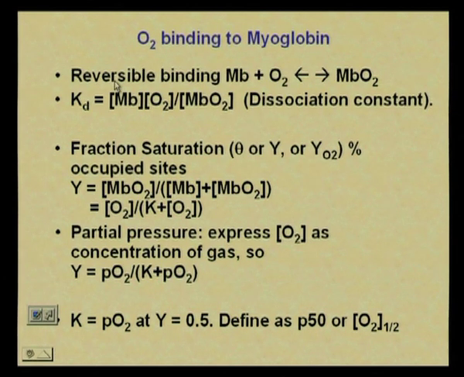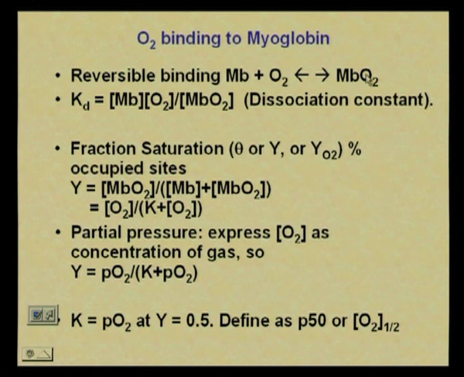If we have reversible binding, that means we have Mb myoglobin plus oxygen in a reversible reaction, because we know we have to release the oxygen when we need it, giving you MbO2. What is this Kd? It is the dissociation constant.